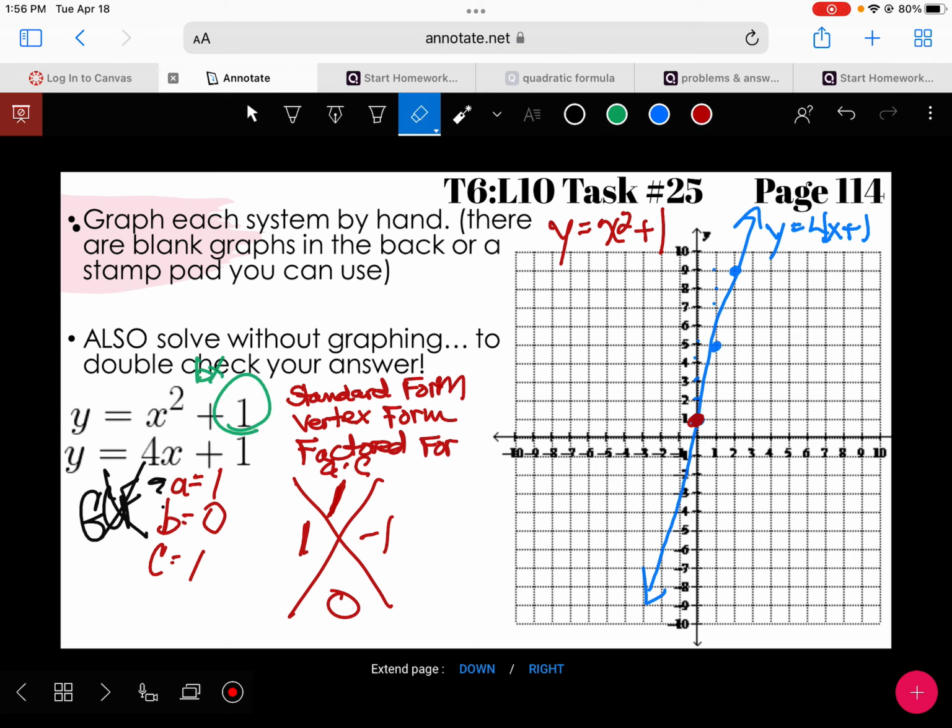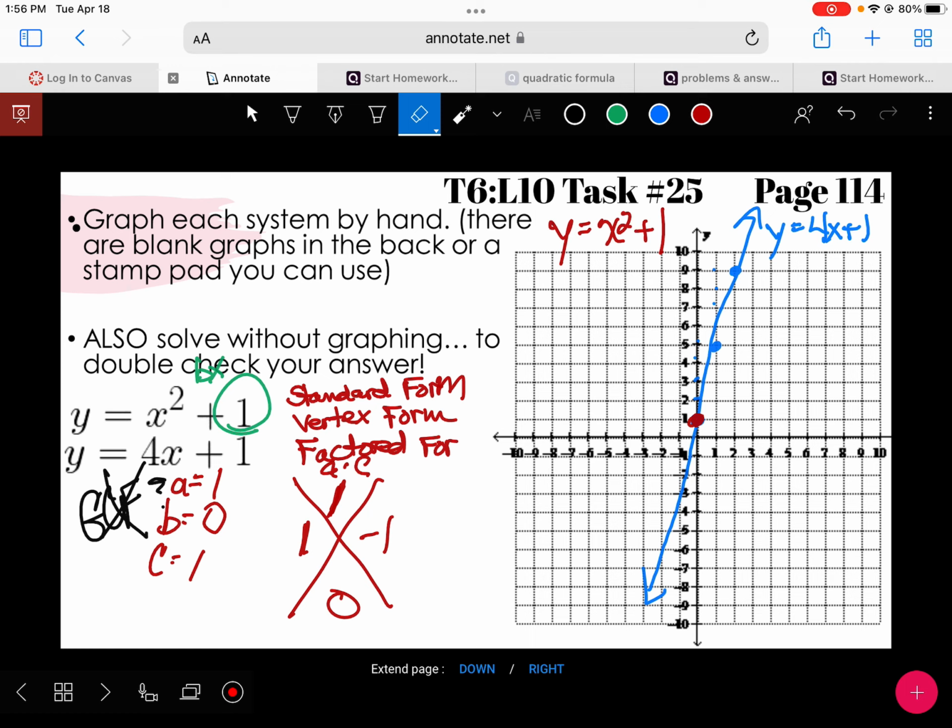No. So it's 1 for A. B is 0. There's nothing there. C is 1. That is weird. A times C. 1 times 1 is 1. B is 0. Almost all the time they're negative.